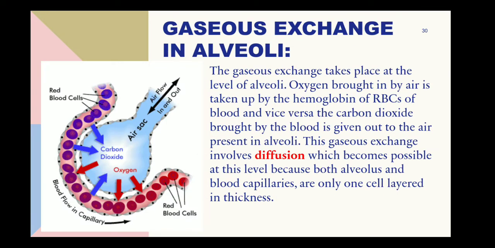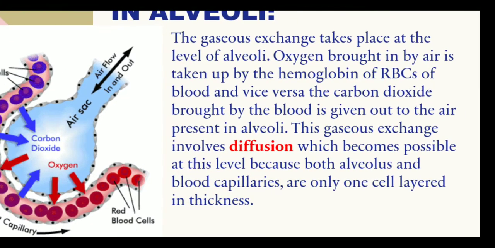Gaseous exchange in alveoli, we have already studied this, but let's go over it once again. The gaseous exchange takes place at the level of alveoli. Oxygen brought in by air is taken up by the hemoglobin of RBCs, that is the red blood cells of blood, and vice versa. The carbon dioxide brought by the blood is given out to the air present in alveoli.